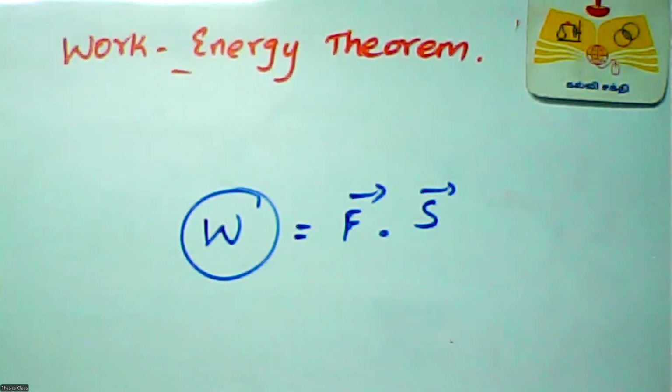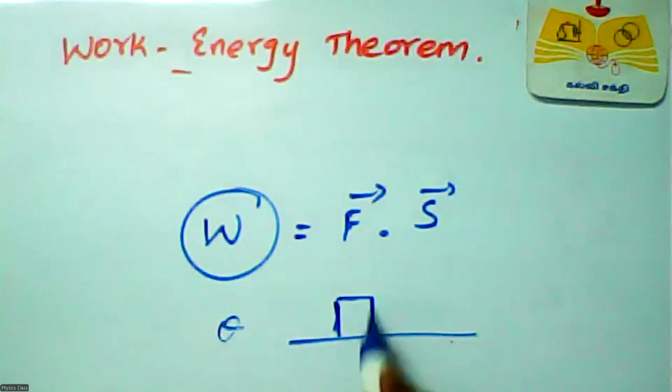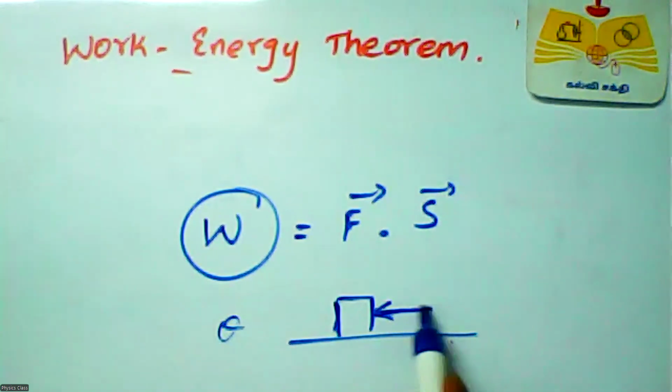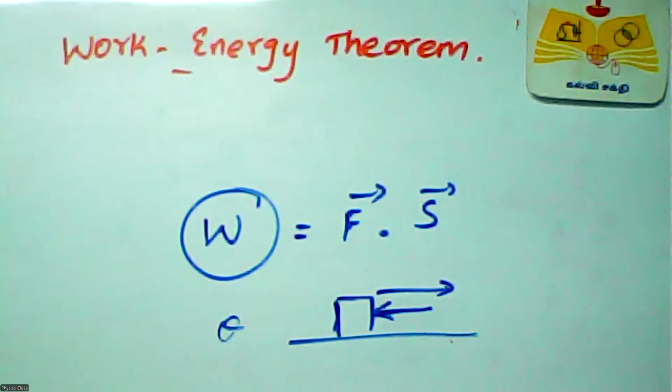But you may think, why is theta there, sir? Suppose one surface is there, one object is there, and I can push or pull, because force is nothing but a push or pull. In that case, we don't have any theta value.